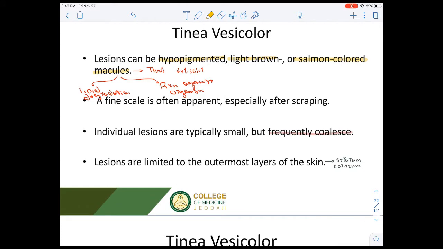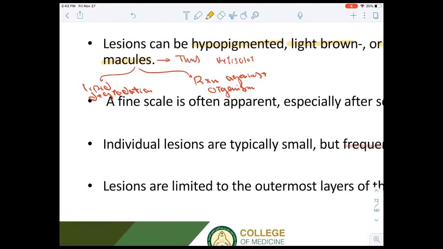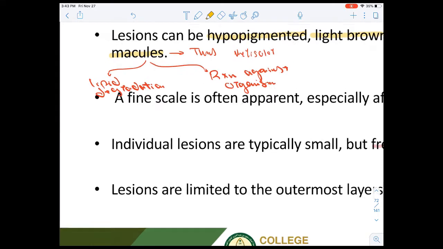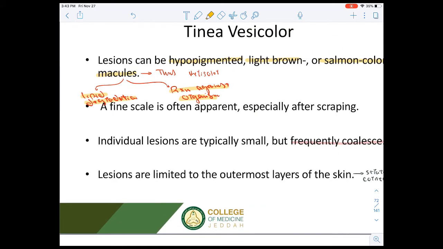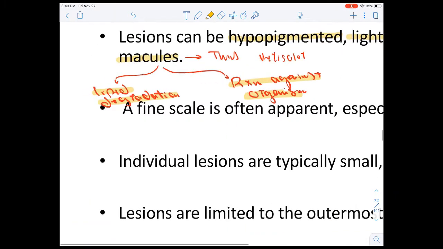And why are they multicolored? I think it's very important that we understand rather than memorize something. It is because of the pathophysiology of the causative agent. The causative agent could result in lipid degradation, and it could also result in a reaction against the organism. Let's first discuss the lipid degradation.